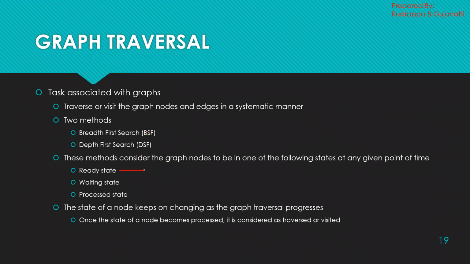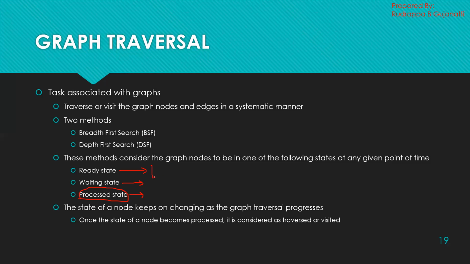If it is in the ready state, it indicates that a node is ready to be visited. In the waiting state, a node is ready, but it has to wait for its turn to be visited. In the processed state, you are indirectly looking at the adjacency matrix, that is the neighboring nodes associated with the node under consideration.